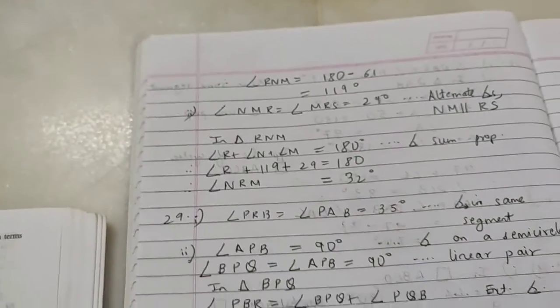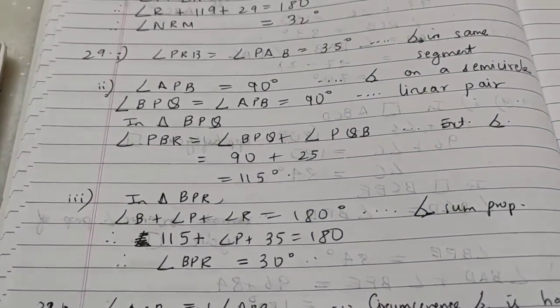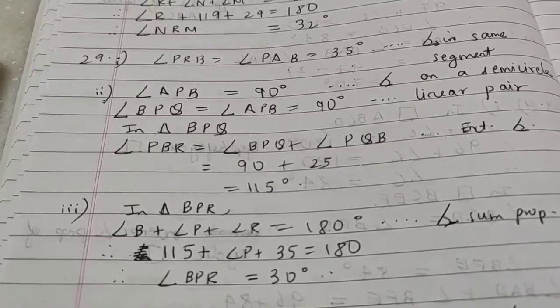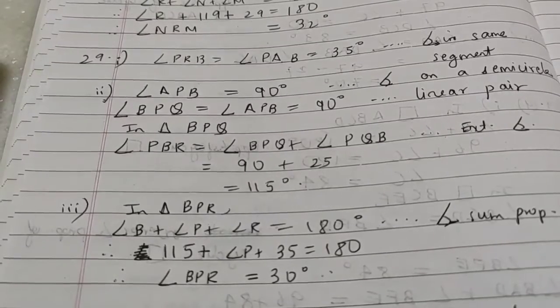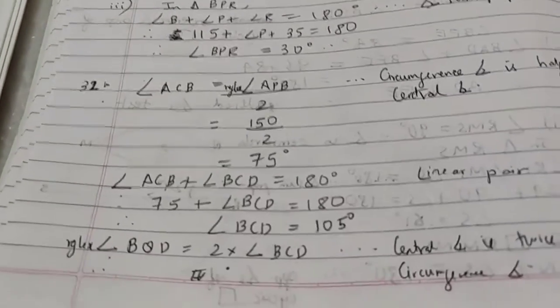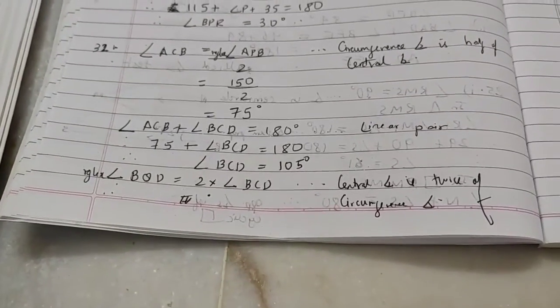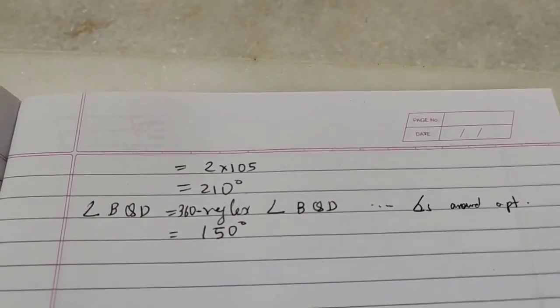And now the 29 sum steps. It comes out to be 30 degrees. And then 32nd sum steps. Final answer is 150.